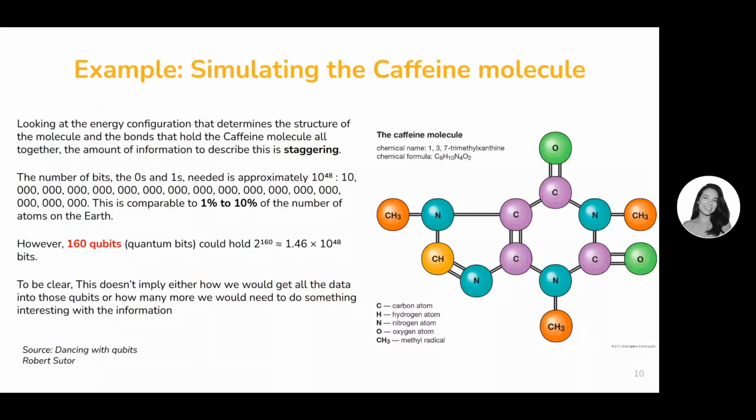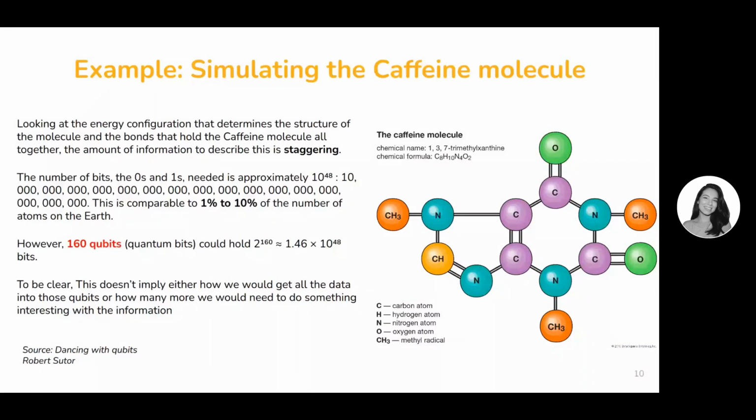This is comparable to 1 to 10% of the number of atoms on Earth. When we do computational tasks, we are consuming energy. This is not coming out of nowhere. And consuming 10% of the Earth in order to simulate a system that is not so large is basically impossible, or not reasonable at all.